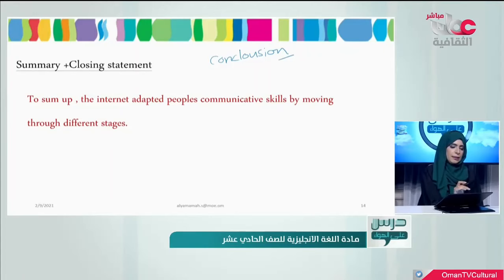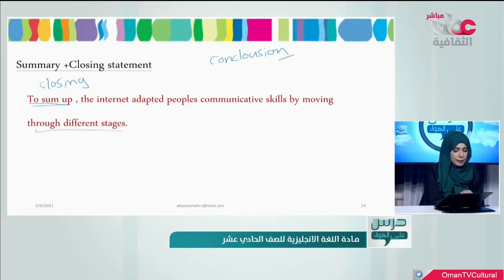And I wrote the summary statement by using, to sum up. Look at the language. To sum up, since we are closing the essay, to sum up, the internet adapted people's communicative skills by moving through different stages.